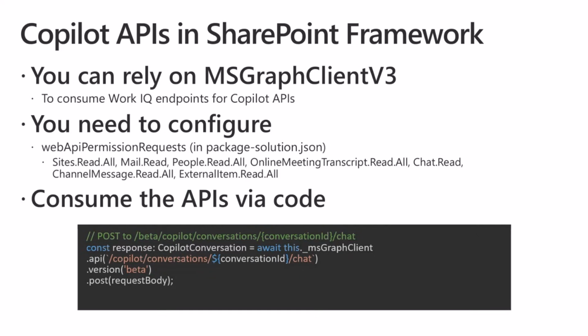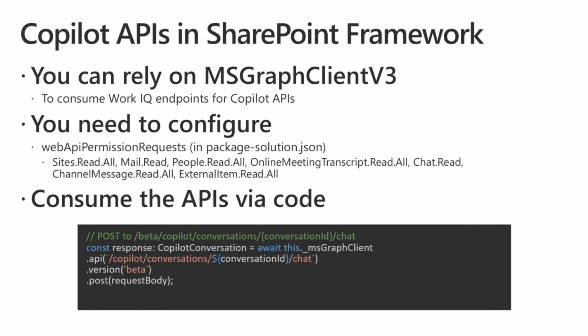Since the Copilot APIs rely on the same endpoints and technology that we use for Microsoft Graph and nowadays WorkIQ, speaking more in general about the new technologies for interacting with our Microsoft 365 tenant content, you can simply rely on the Microsoft Graph Client V3 type inside SharePoint Framework, and you can easily get access to the APIs to consume chat and search.